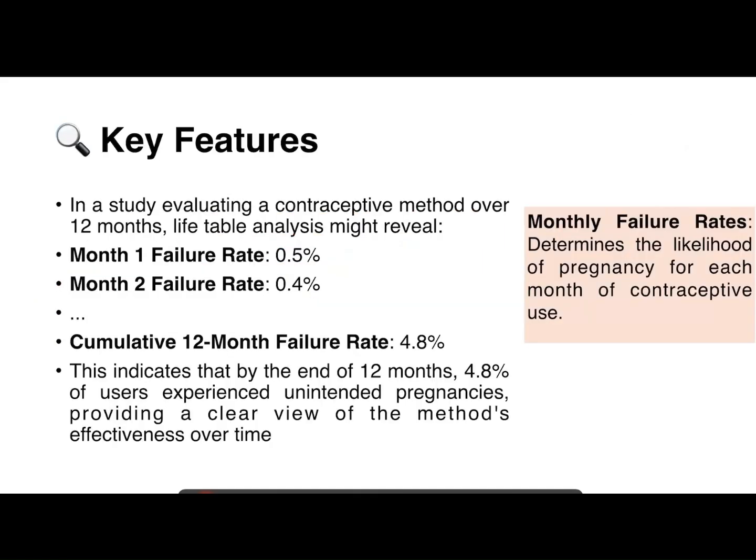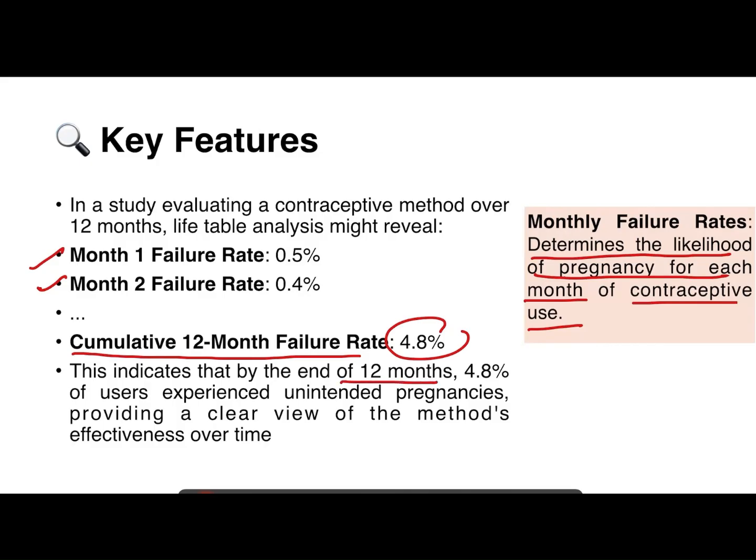The key feature of life table analysis is that it determines the likelihood of pregnancy for each month of contraceptive use. In a study where we are evaluating a contraceptive method over 12 months, life table analysis might reveal a monthly failure rate, as shown in your slide, month 1, 2, 3, 4, similarly for the 12-month period, and then at the end we can find the cumulative 12-month failure rate.